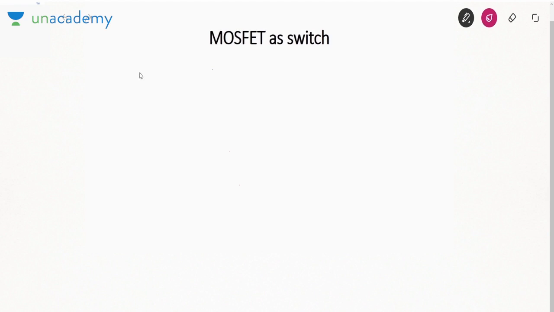Now, suppose, how do we make a simplest switch? We make it like this. This is the drain voltage, this is the gate voltage, and this is the source voltage. Now when we have a MOSFET like this, I told you off state means cutoff, and what is on state?